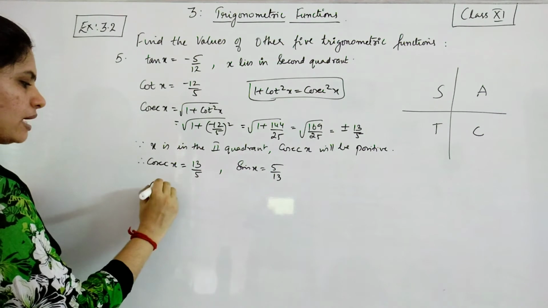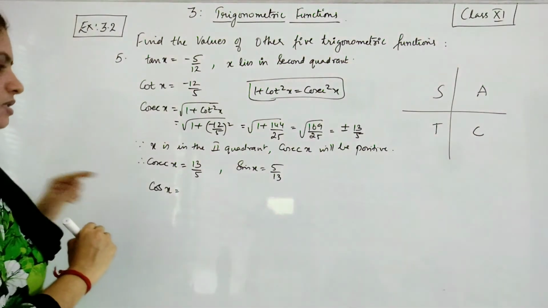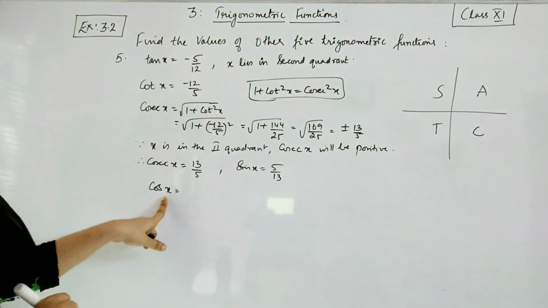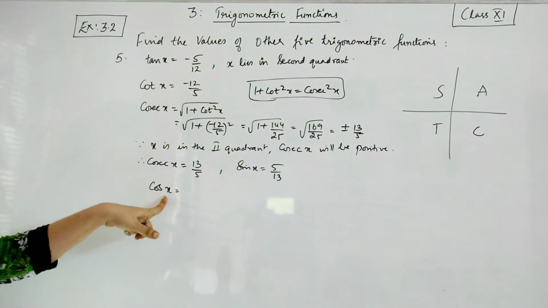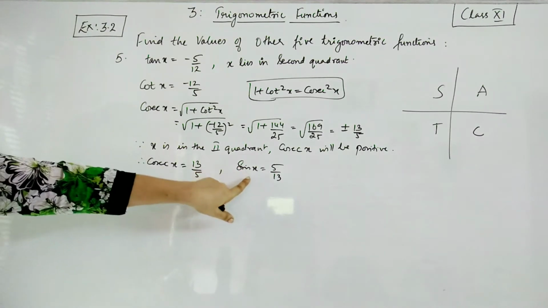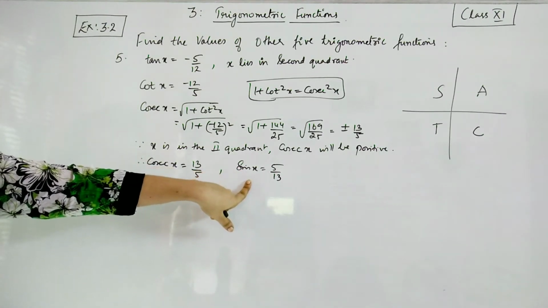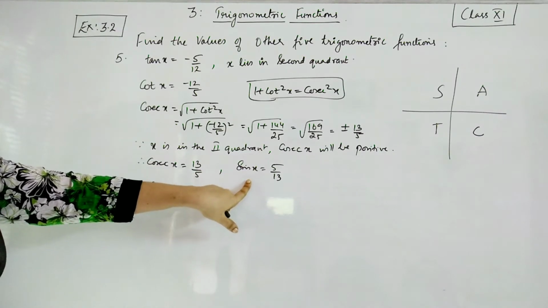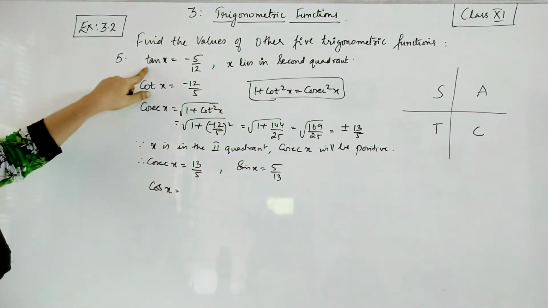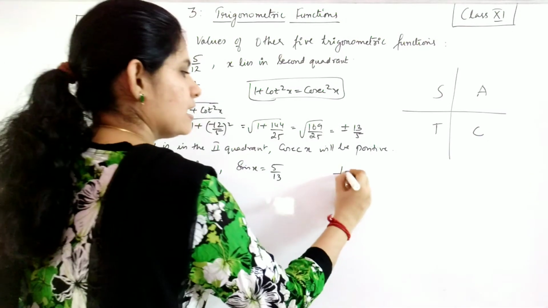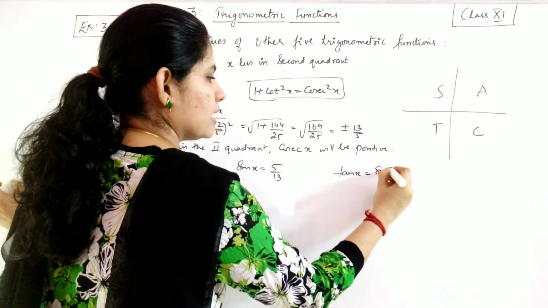Now you have to find your cos value. Either you can again use sine, with root of 1 minus sine square, or else you can use the tan relation, which is tan x equal to sine x by cos x.